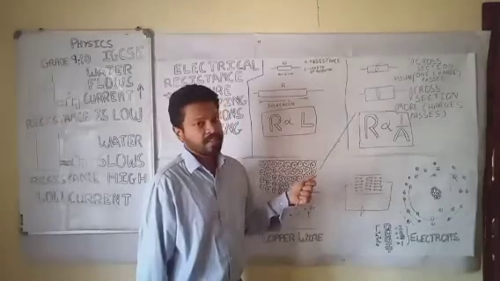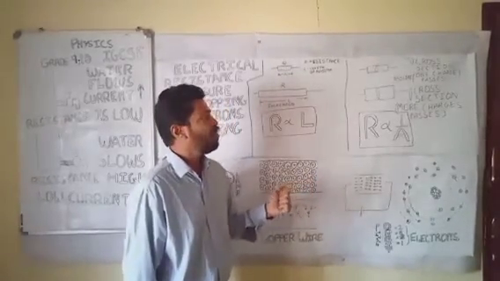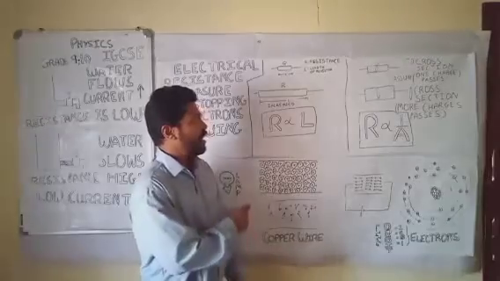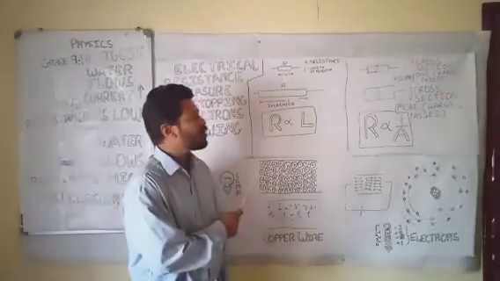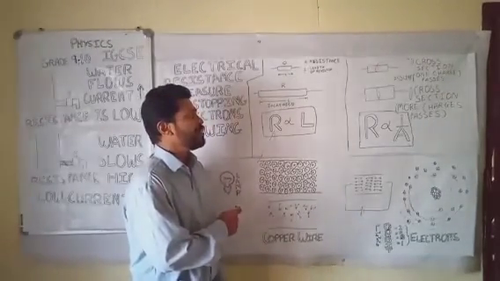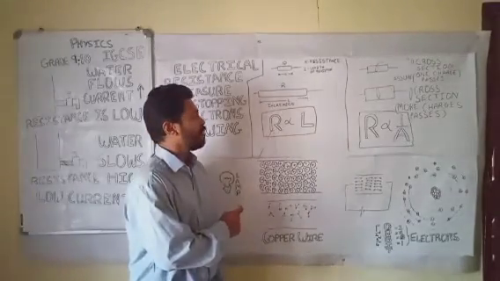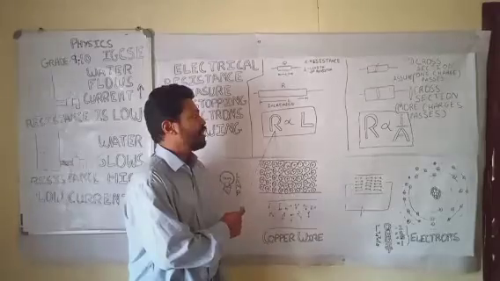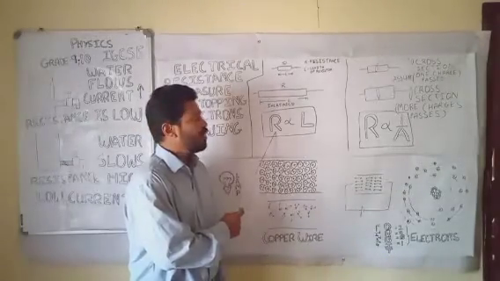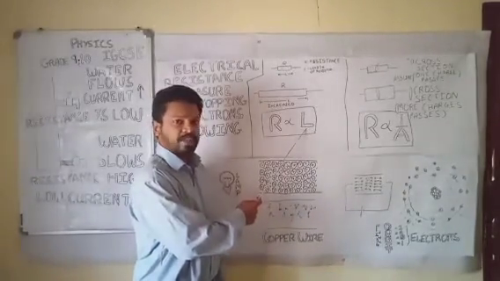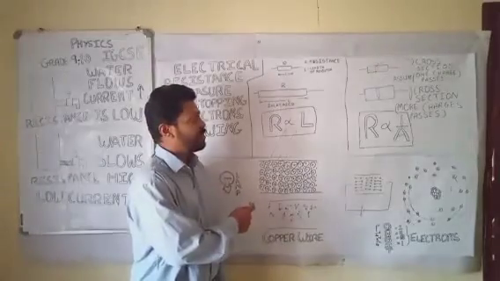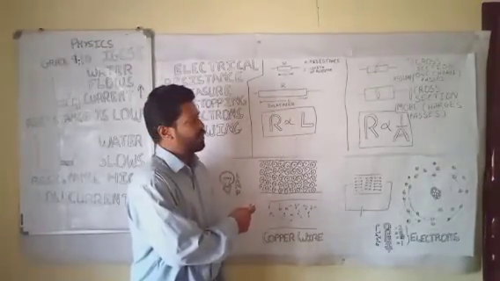So these are the two properties of resistance. First is directly proportional. Directly proportional means when this increases, this has to also increase. For example, when the resistance is 5 ohm, the length has to increase. So that is called directly proportional.